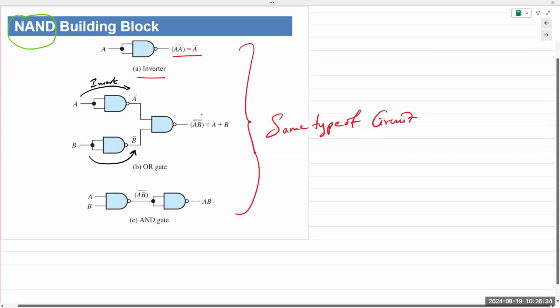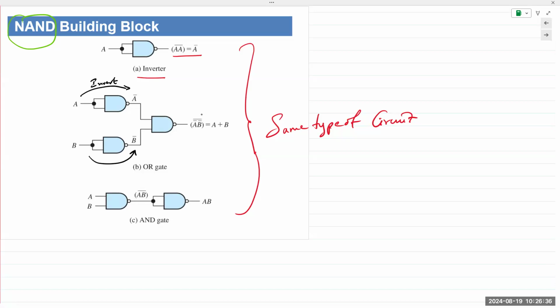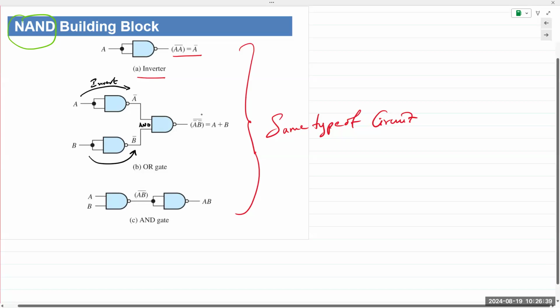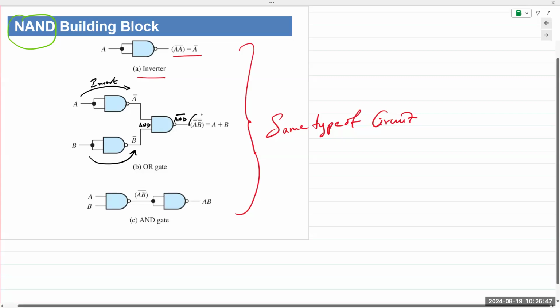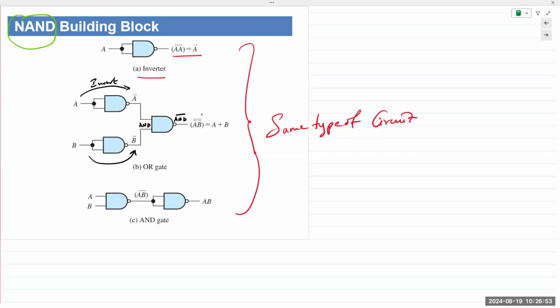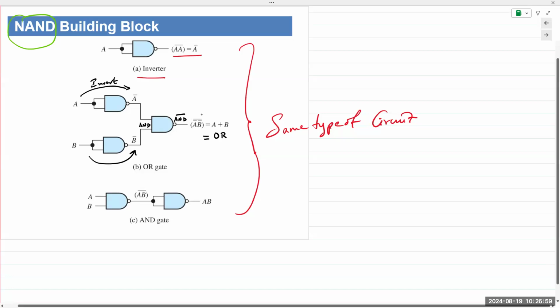So this is an AND function. But because this is an AND function, and this is the inverted AND output, it becomes A not and B not, the whole not becomes A plus B. Okay. The result is an OR function, A plus B, or A or B.